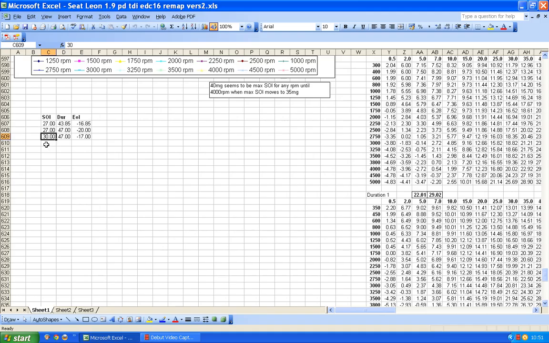Now, of course, if the car is doing 5,000 revs at that point and I lock the engine by trying to put in an amount of fuel at the wrong point that tries to blow the piston back the way it just came, I've just smashed my engine. And this is quite easy to do with engines, because you might make a change to start of injection that seems absolutely fine and you get away with it. You might even test it on a rolling road and it seems okay.